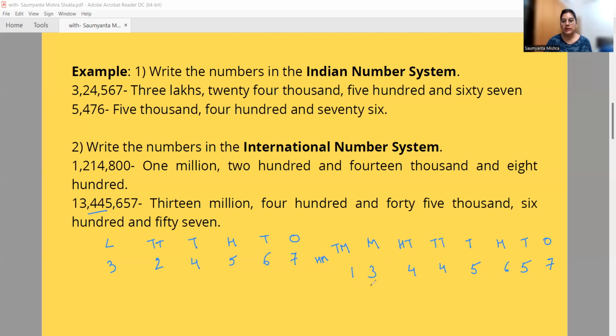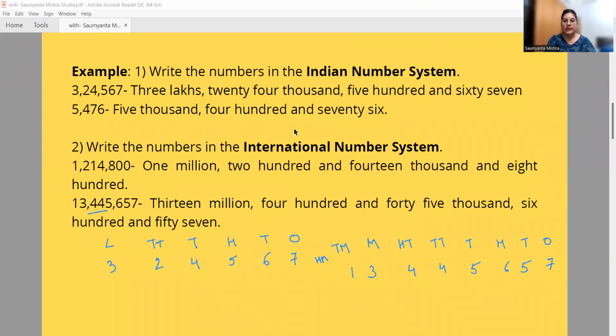So it will be read as 13,445,657. So we can write any number in these two number systems by using the number system charts.